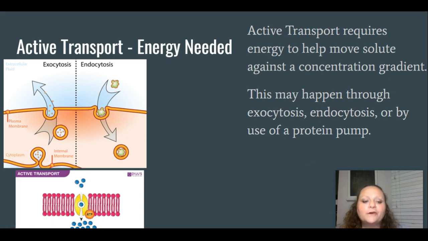The first type we're going to talk about, actually two at a time, is exo and endocytosis. Exocytosis is when the cell has to release something, and so it's going to allow something to exit, hence exocytosis. This is something that we're going to see with the Golgi apparatus.